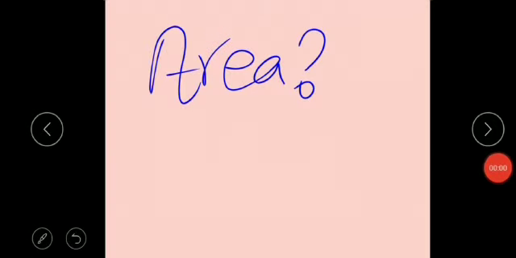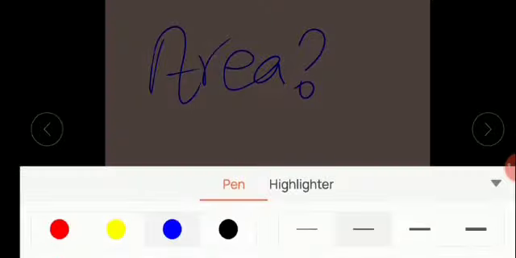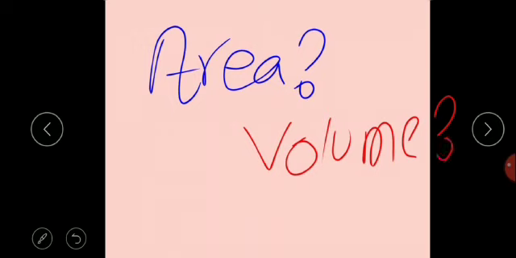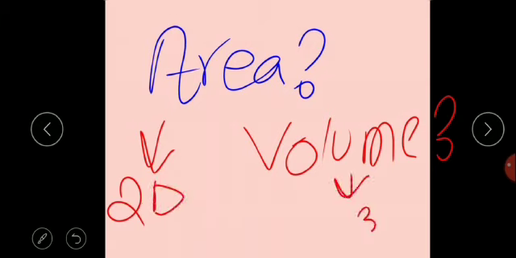So basically, we have another word as well, with the same meaning as area. Can you guess that word? Yes, you're right. It's actually the volume. So what is the difference between these two words? Area is mostly referred to for 2D shapes, and volume is referred for 3D shapes.